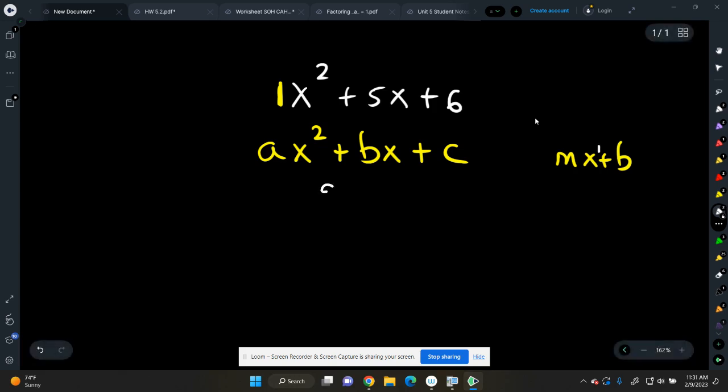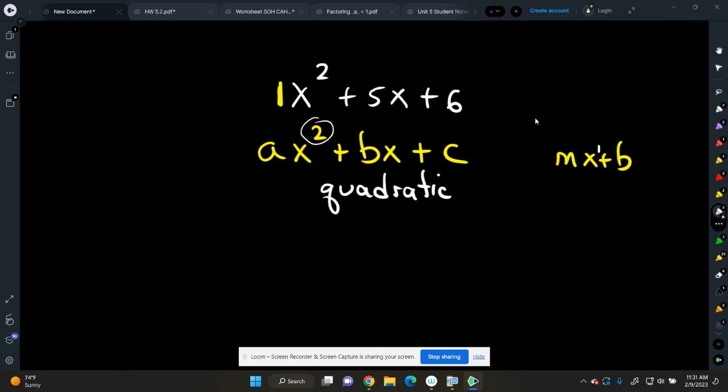With a quadratic, the leading term has an exponent of 2. That's how we know it's quadratic. What's the shape of a quadratic equation if we graph it? Looks like a U, and we call that a parabola.